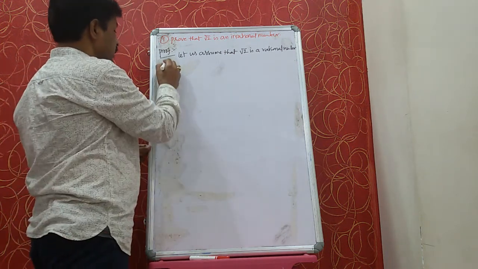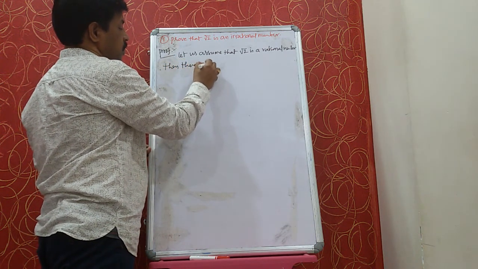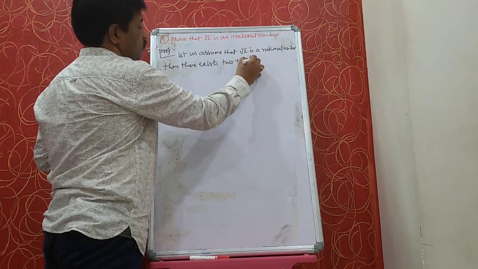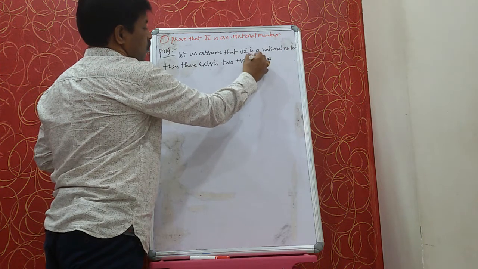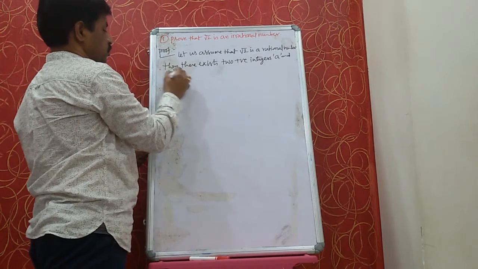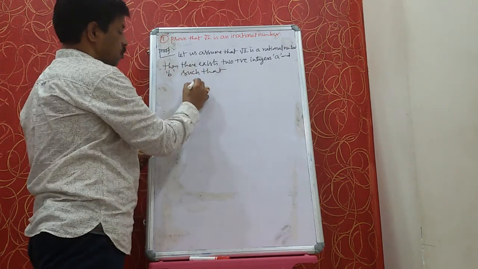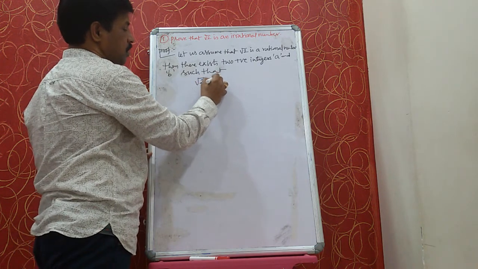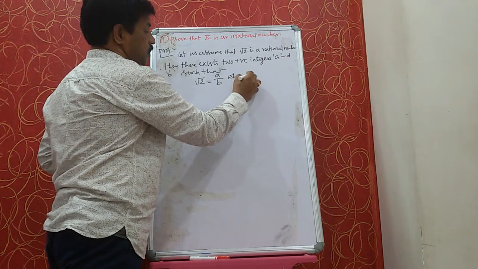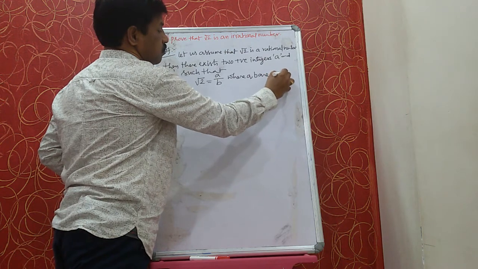Then there exist two positive integers a and b such that root 2 equals a by b, where a, b are co-primes.